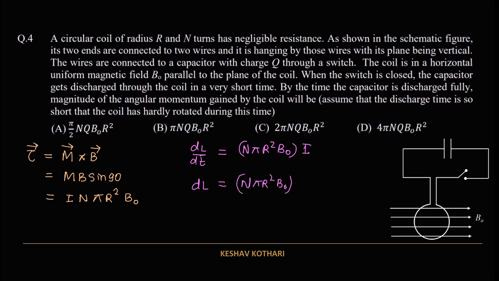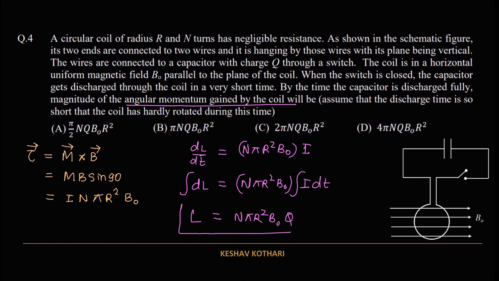So we have I dt on this side, and if we integrate, so we get the magnitude of the angular momentum gain. So this is going to give us the change in angular momentum, and I dt can be written as the charge that is discharged, which we write as equal to Q. So we get L equals n pi r square B naught into Q. So over here we can say that it is matching with option B.